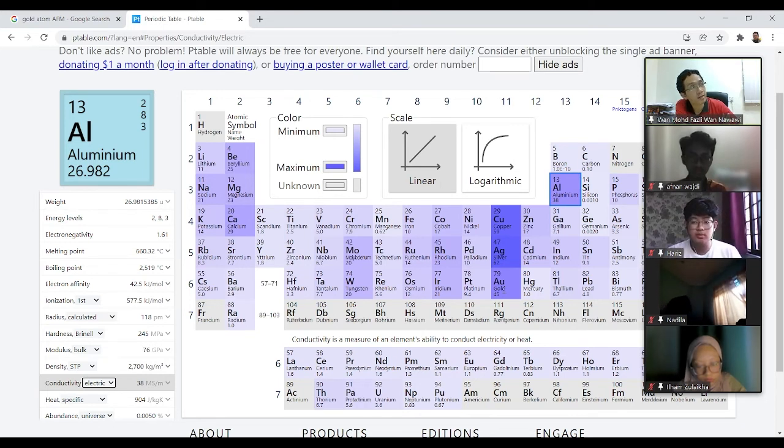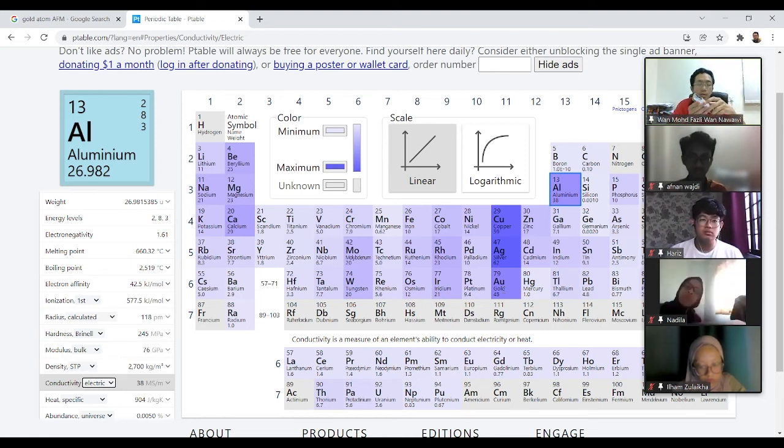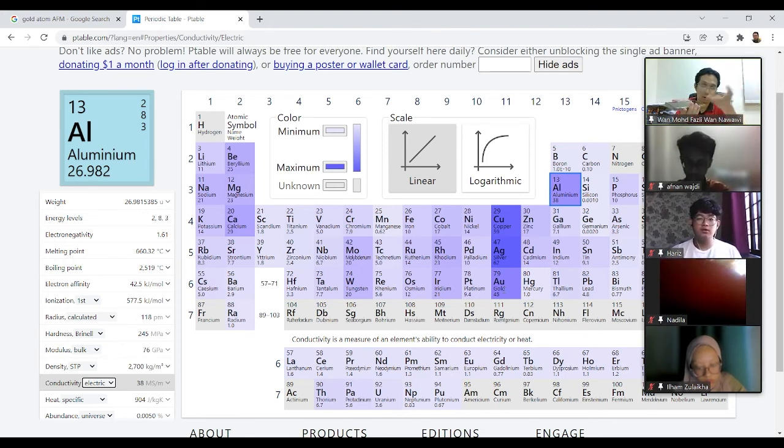But if you see any high-end device, or if you take your phone, they don't really use copper inside to conduct. Most of the time they use gold, or even in any electronic, your laptop, whatever. If you take out all this casing, the connectivity between this and that, normally they use gold.